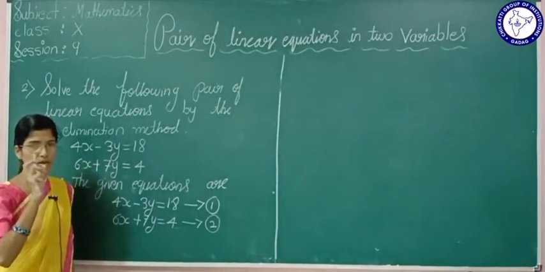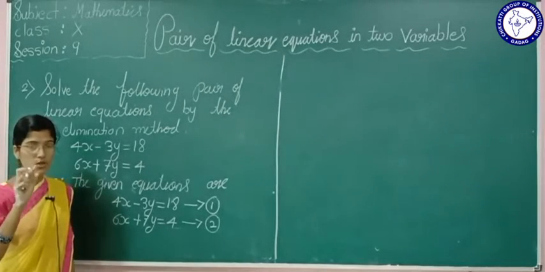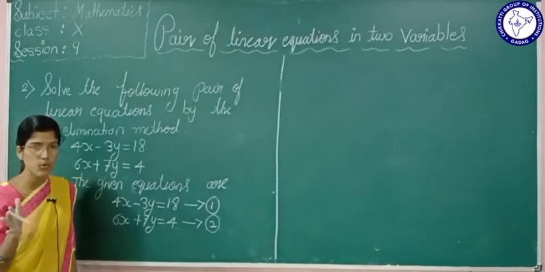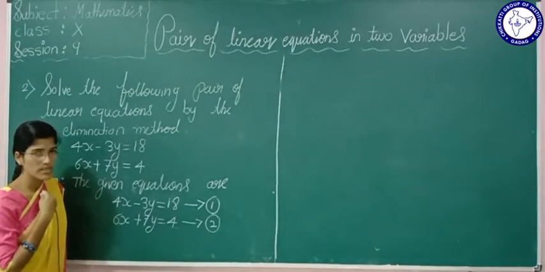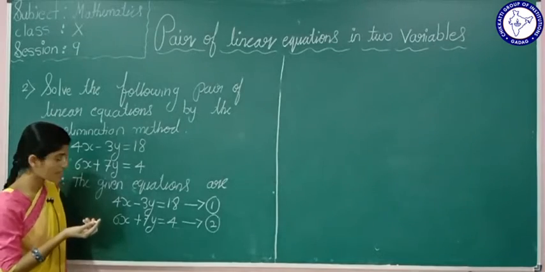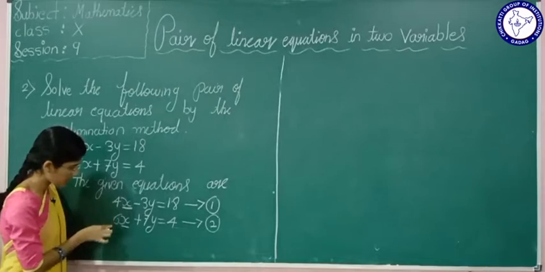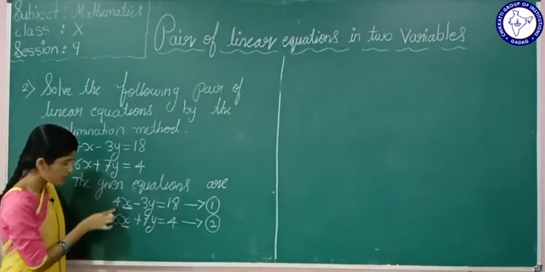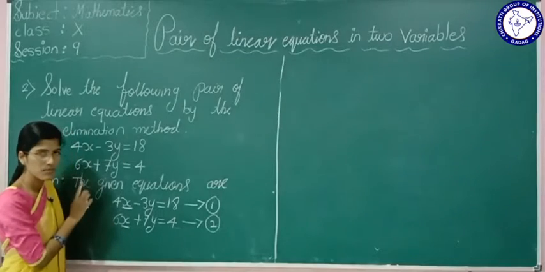The first step in the elimination method is only that. Eliminate means to remove. To remove x, what do I have to do? Their coefficients should be the same. Here 4 is there, here 6 is there. Here the coefficients should be the same.